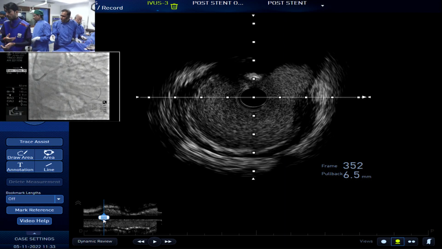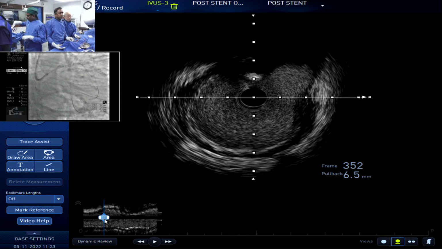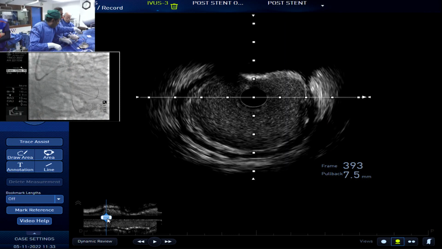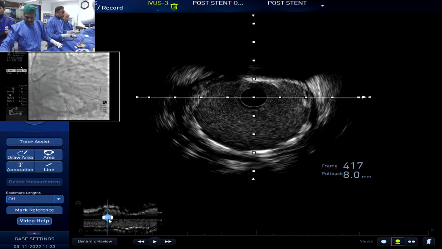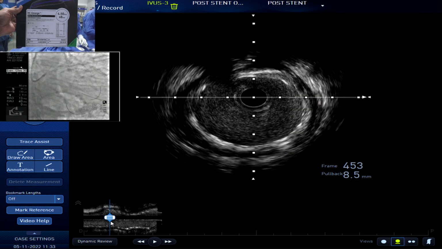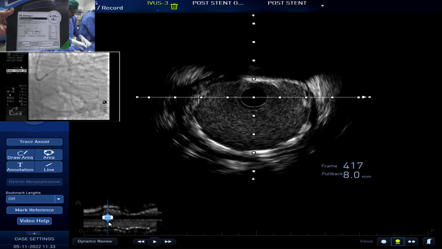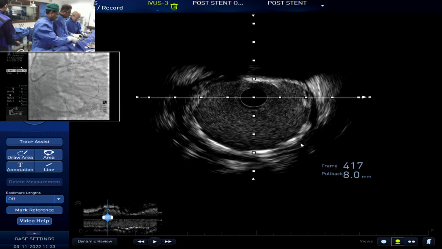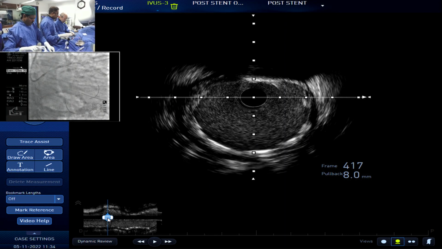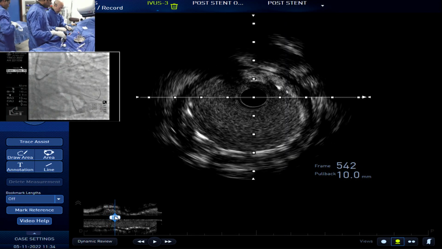This is the diagonal, right? Yes. Can you see the IVUS? Yes, we could. Okay, here you can see the diagonal, right? And then move to the proximal. Just proximal to the diagonal, we can identify the stent strut. Okay? You mean the circumflex, right? Yes.